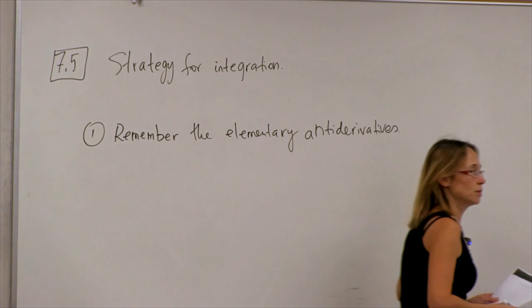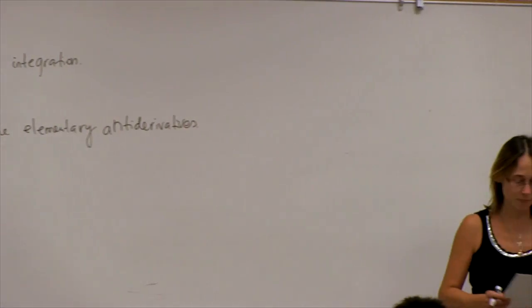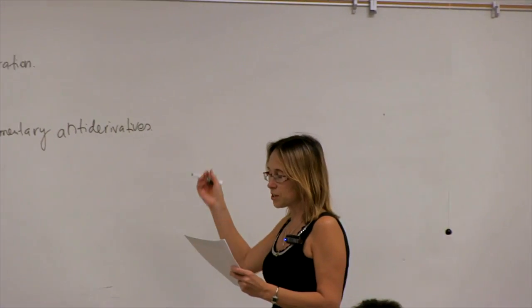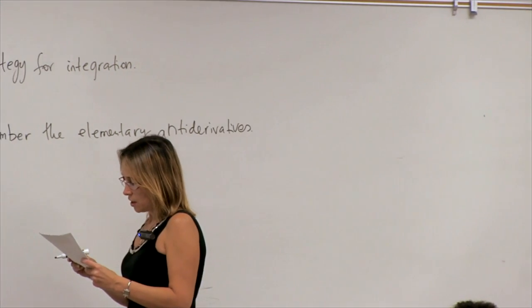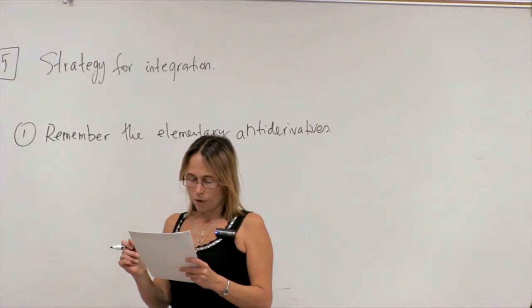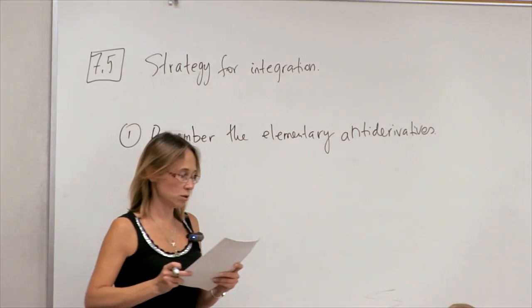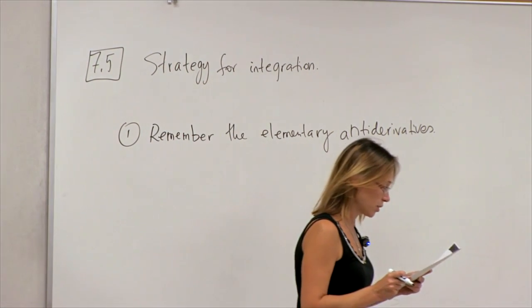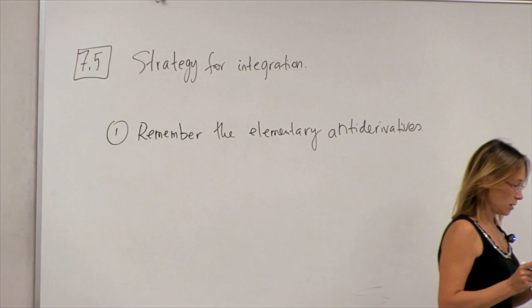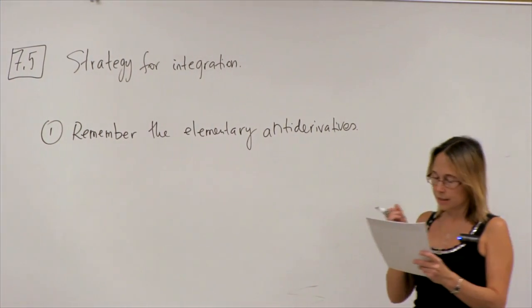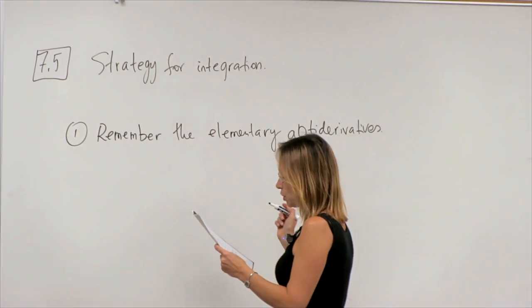These should come to you right away without thinking. In the book, section 7.5 gives you a bunch. They range from power laws to exponents to trigonometric functions, and they have things like inverse trigonometric functions.